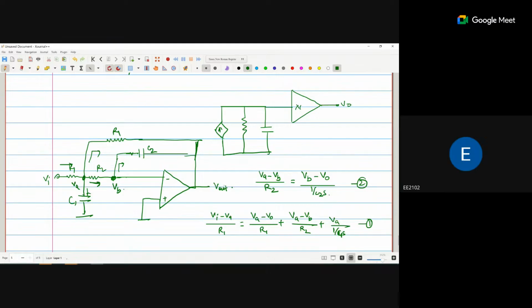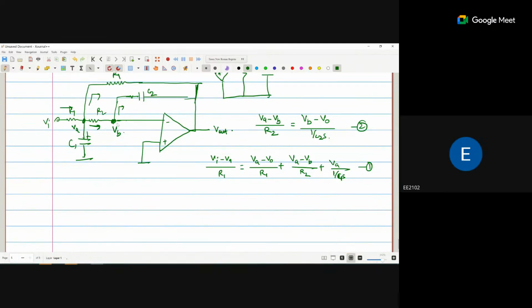Now we eliminate. VB is equal to 0 because of the ideal op amp virtual ground concept. So VA upon R2 is equal to minus Vout divided by 1/(C2s). So VA is equal to minus Vout times R2C2s.